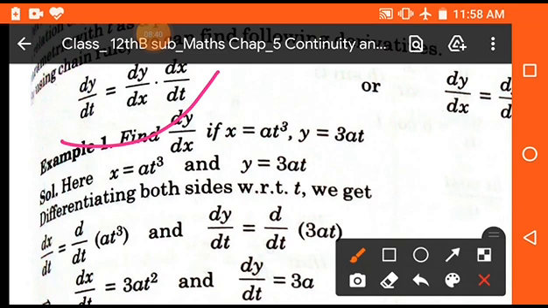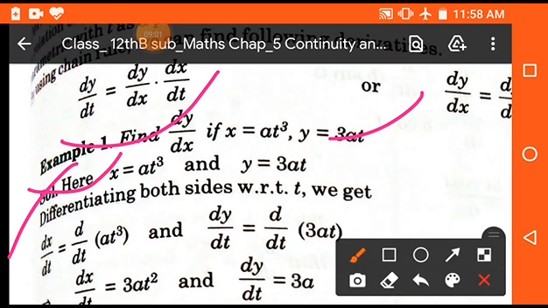Find dy over dx if x is equal to at cube and y is equal to 3at. So you can see here very well, x is a function of t and y is also a function of t, and you have to find dy upon dx. That means y with respect to x. So first of all, you will differentiate x with respect to t.